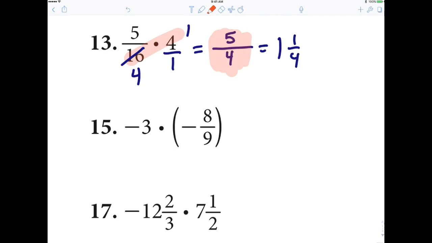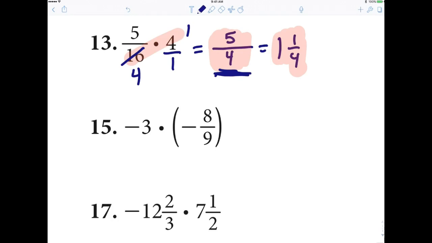However, if you don't know that 5/4 is 1 1/4, you need to know that. Does everybody understand that 5/4 is the same as 1 1/4? So we're going to leave it as an improper fraction if you know how to work an improper to a mixed. Anybody have any questions with that?